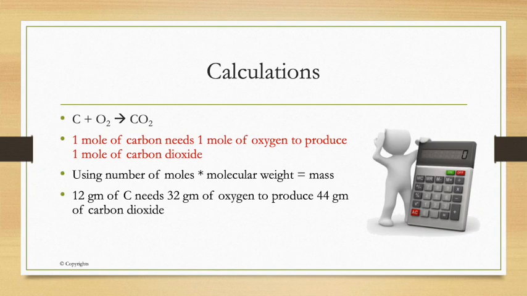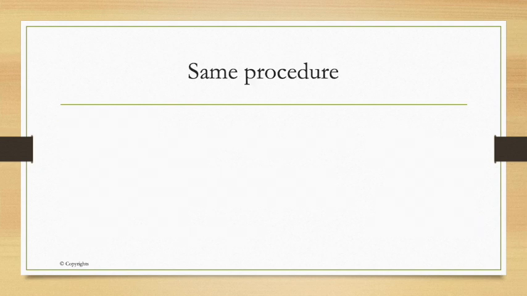To make something general, we can say that 1 gram of carbon needs 2.67 grams of oxygen. We get that by dividing all the numbers by 12, so we get the mass needed of oxygen for 1 gram of carbon.